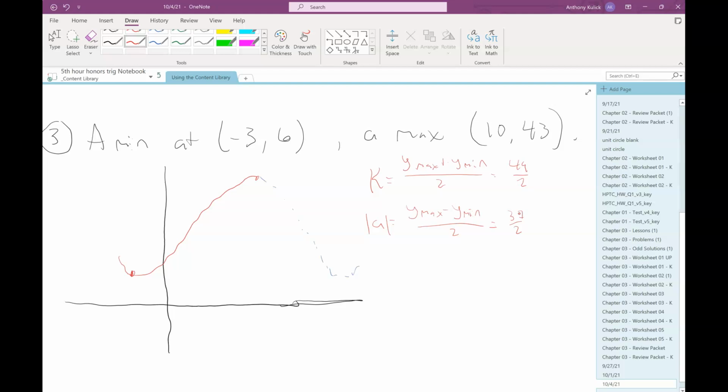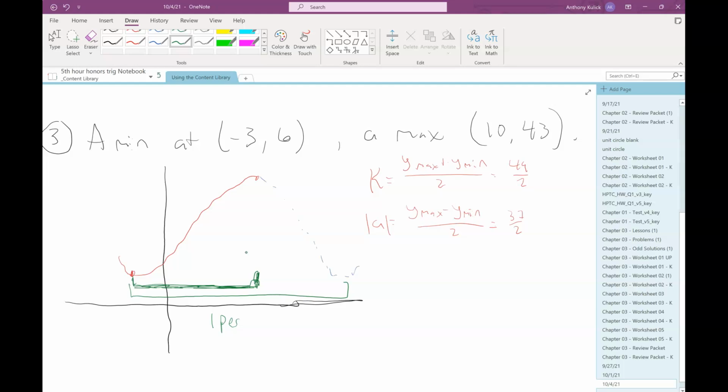Next thing I'm going to do is find the C. So I know from here to here is 1 period, right? But really we only know from here to here. How much of a period is that piece? Just use your eyeballs. Half, right?